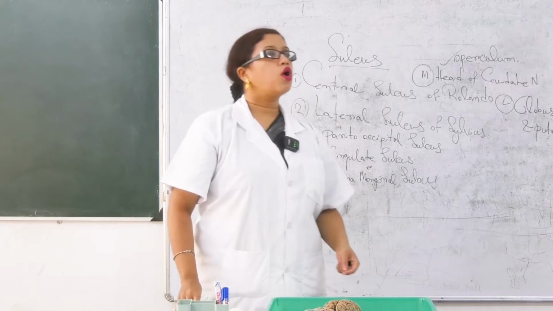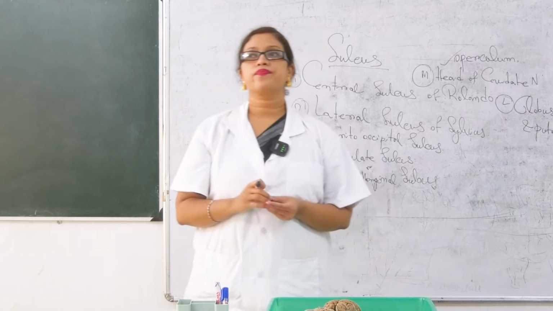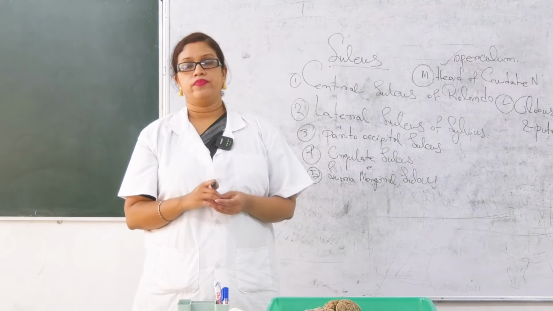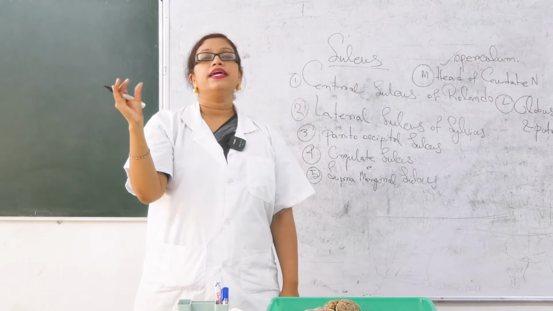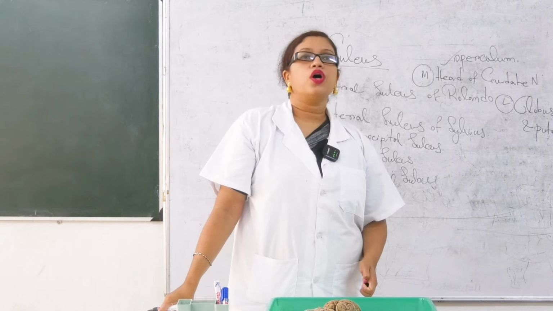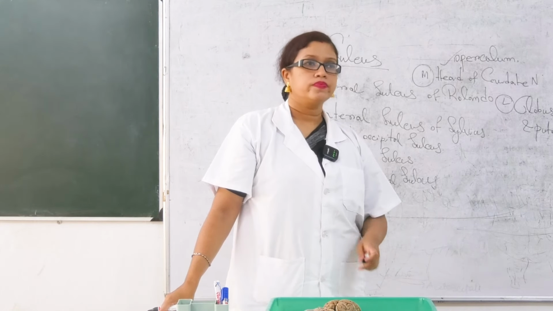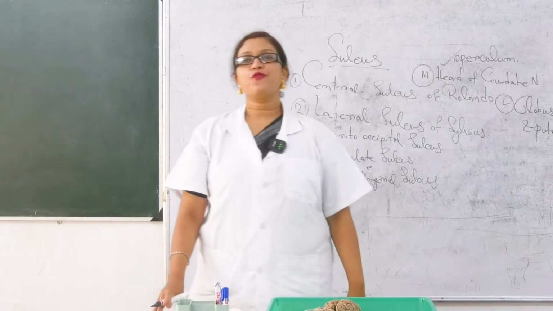The corpus callosum looks like a C shape. It has 4 parts. Write down the parts.